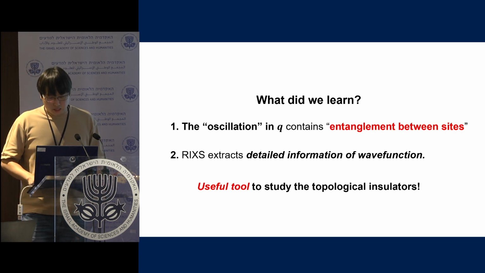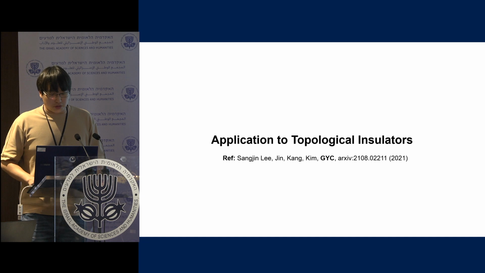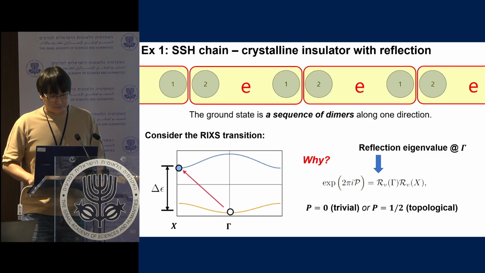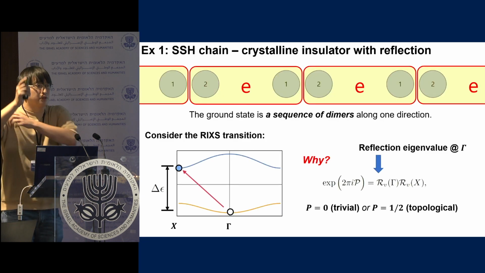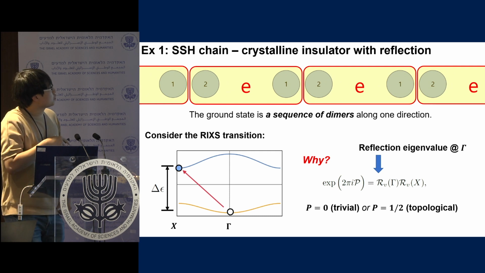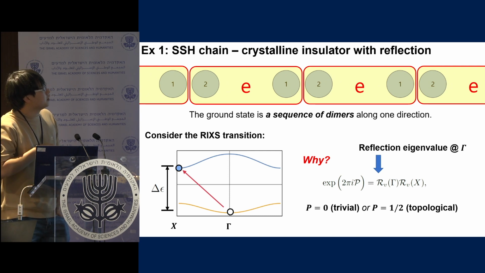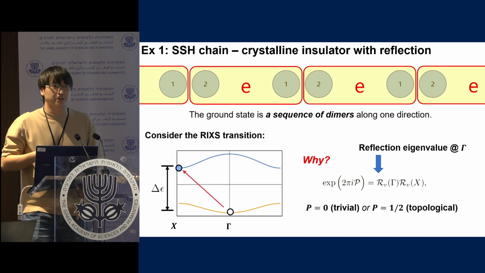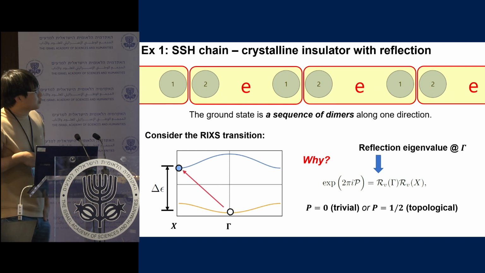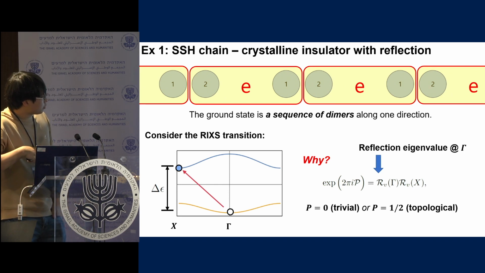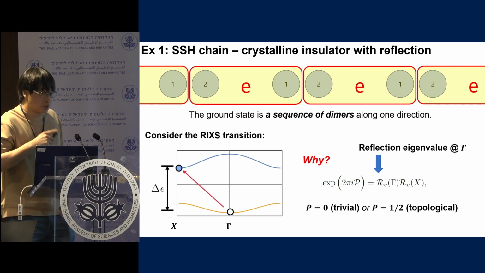With these intuitions, let me show you the result. Let's go to our favorite model, the Su-Schrieffer-Heeger chain, which is the simplest crystalline insulator with a reflection symmetry. This is the band structure of the SSH model, by the way.